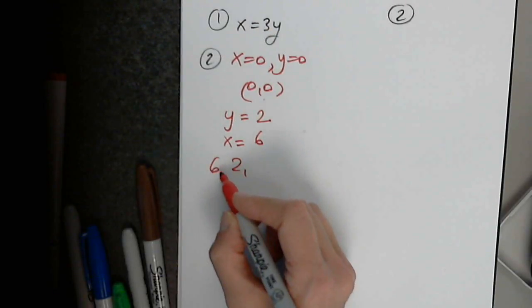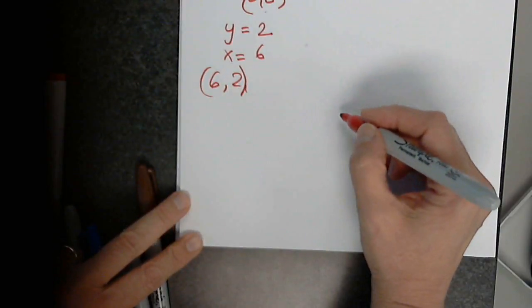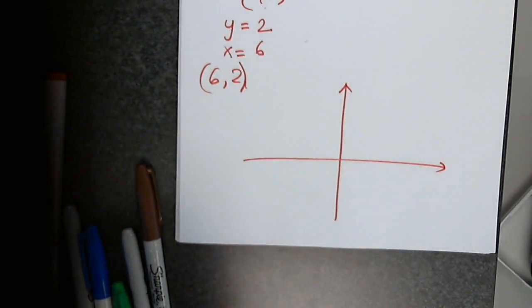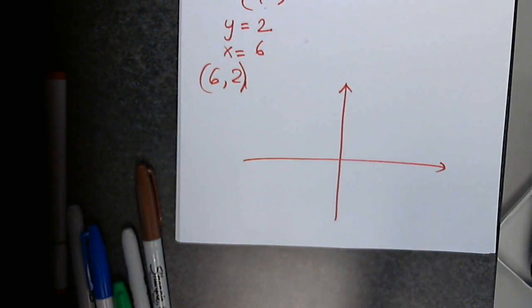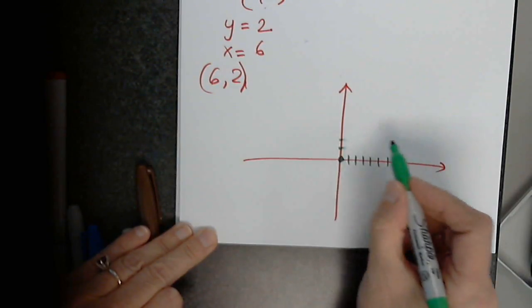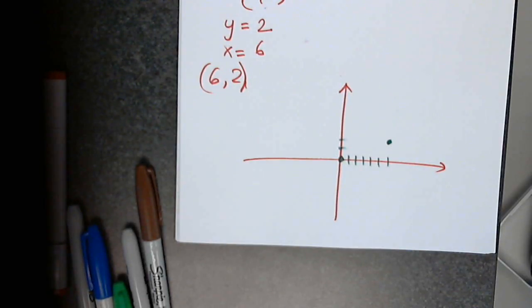So 6, 2 is the ordered pair. Perfect. So I will graph the line passing through 0, 0 and passing through 6, 2. I stop for a moment to look at the inequality symbol.